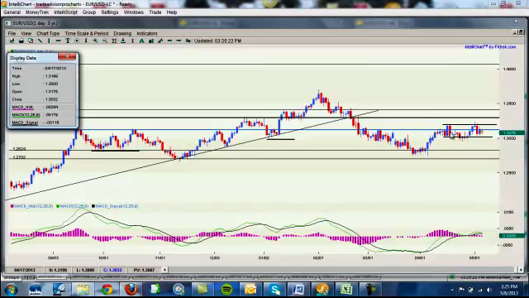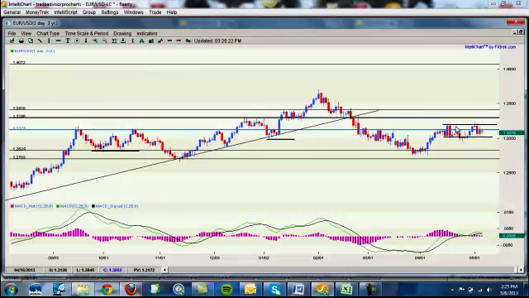So I would say that right now this pair is doing one of two things. We're either in a sideways range, which I absolutely love, because we have great opportunities to sell at the top and buy at the bottom until the range runs out, or we're going to see a continuation of this uptrend. Price is going up, long downtrend, up, back down, up, back down, and then shoot back up.